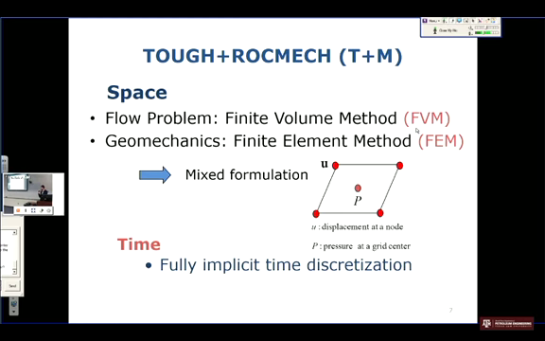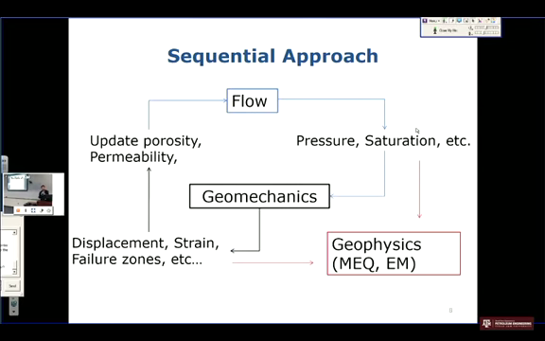For the time discretization, we follow the time discretization of the flow problem, which is the backward Euler method. We have the following solution procedures. First, we solve the flow problem. Then we get the solution, pressure and saturation. Then we solve the geomechanics.